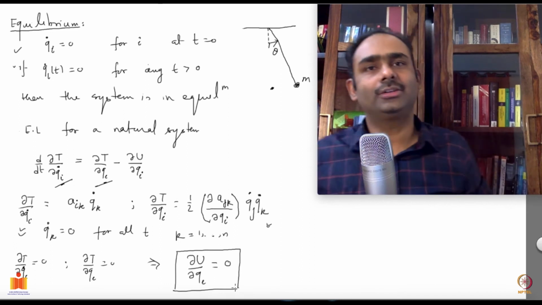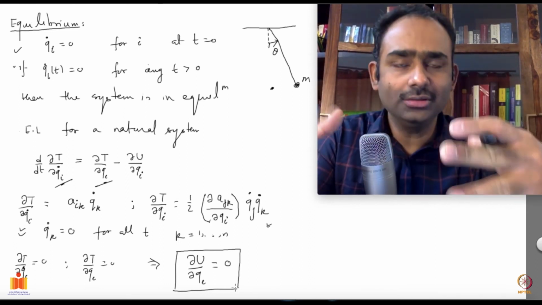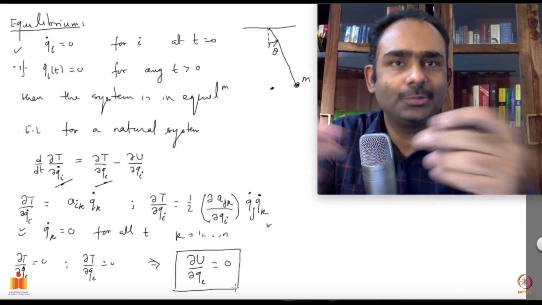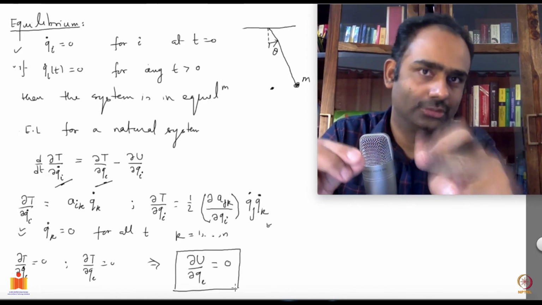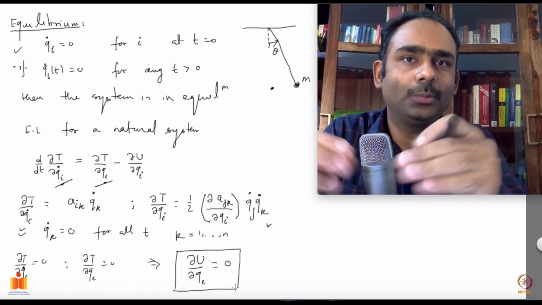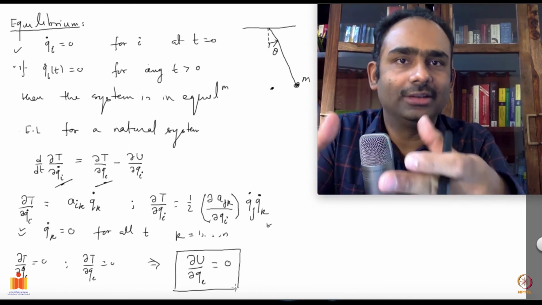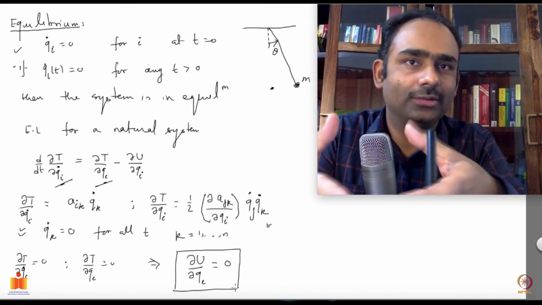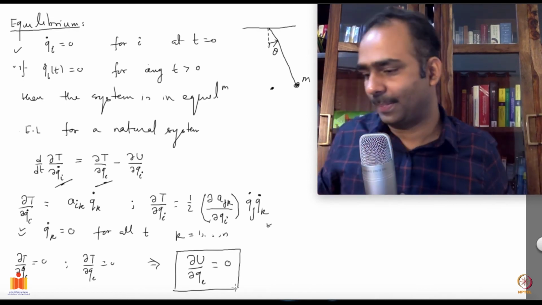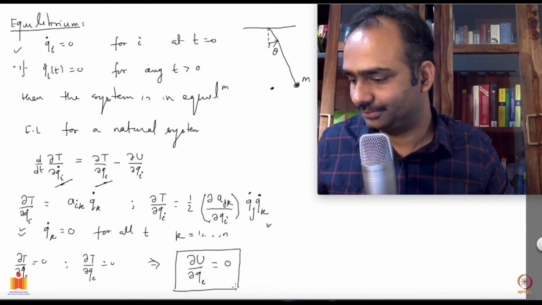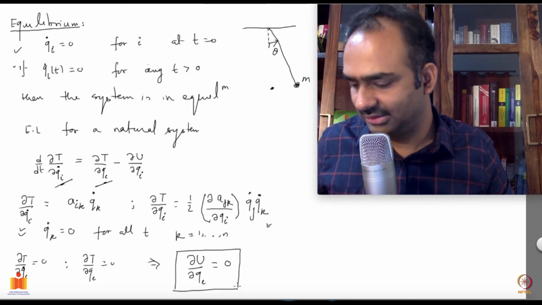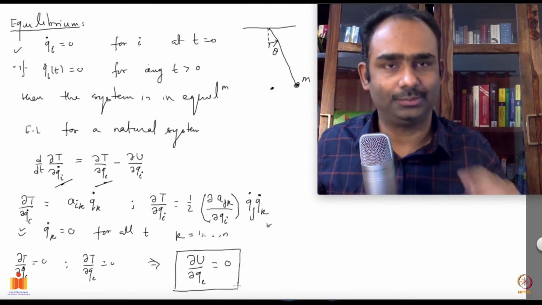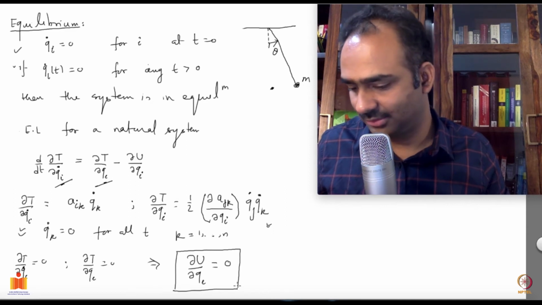Which means we need to look at the function U and search for the point q1, q2 and so on at which that derivative is 0, and that point will be called an equilibrium point. And clearly this is a point of extremum, where the potential will take either its maximum or minimum value.